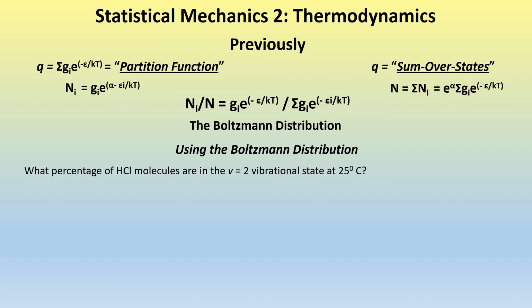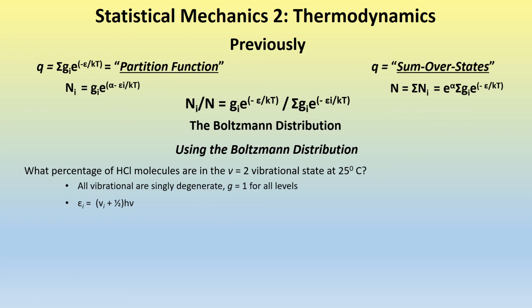So, rather lengthy, but still straightforward. If we're looking for state number 2, your numerator is e to the minus 2 plus 1/2 h nu over kT, where T is 298 degrees Kelvin, times the sum of e to the minus v equals 1 plus 1/2 h nu over kT, e to the minus 1 plus 1/2 h nu over kT, and so on, up to e to the minus 4 plus 1/2 h nu over kT.